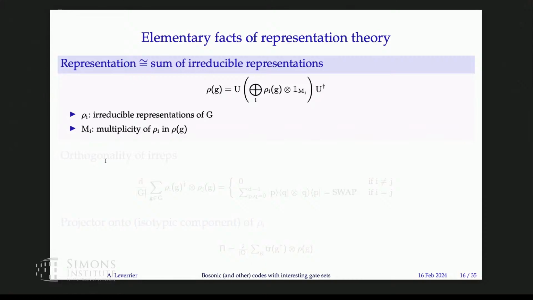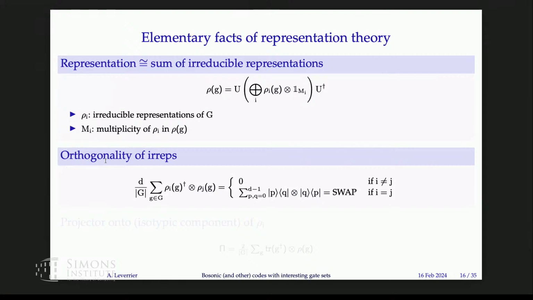What you need first is that if you have any representation of a group, you can always write it as a sum of irreducible representations. So when you have rho of G, there exists a unitary U, because everything is unitary, such that rho of G is just the conjugate by U of a direct sum of rho I of G. So rho I of G is one of the irreps of the group G, acting on some space which is isomorphic to your logical space, and there's an identity operator applied on a multiplicity space of your irrep. So you can always write any representation like this.